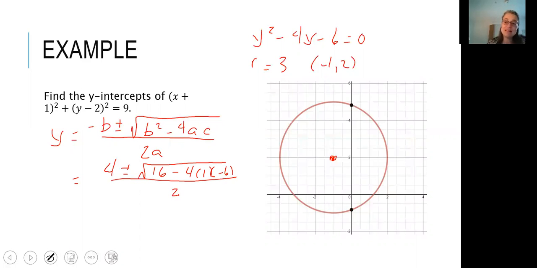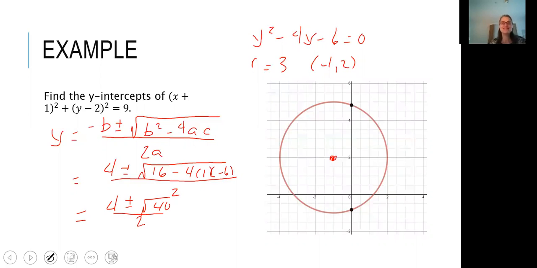So 16 minus a negative 24 is 16 plus 24, which is 40. So what we've got here is 4 plus or minus the square root of 40 over 2.